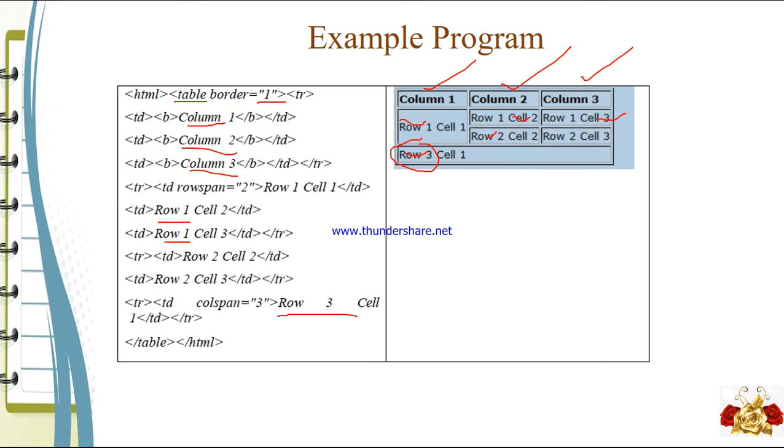And row 2, cell 1, row 2, cell 2, row 2, cell 3. That is what we have in this program. Finally, it will display the table. Finally, you have to close the table using the close tag. If there is a start, there is a close: the table start and the table end. So this is the example program.